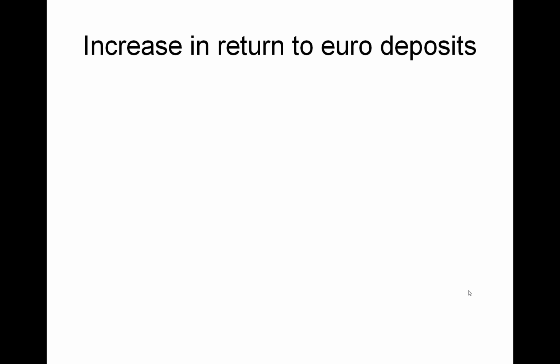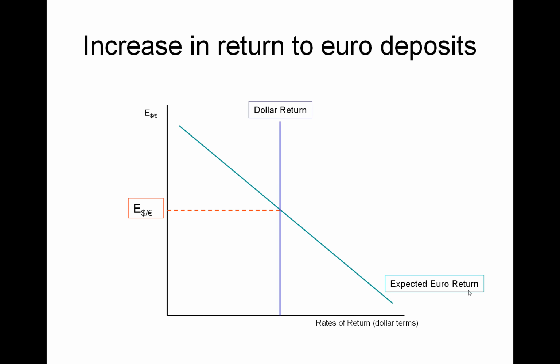Now let's think of what's going to happen if we have an increase in the return to the euro deposits. So the European central banks get together and increase the interest rate for the euro. So again, we're going to start with the basic picture that we had before. In this case, what's going to happen to the curve for the expected euro return?